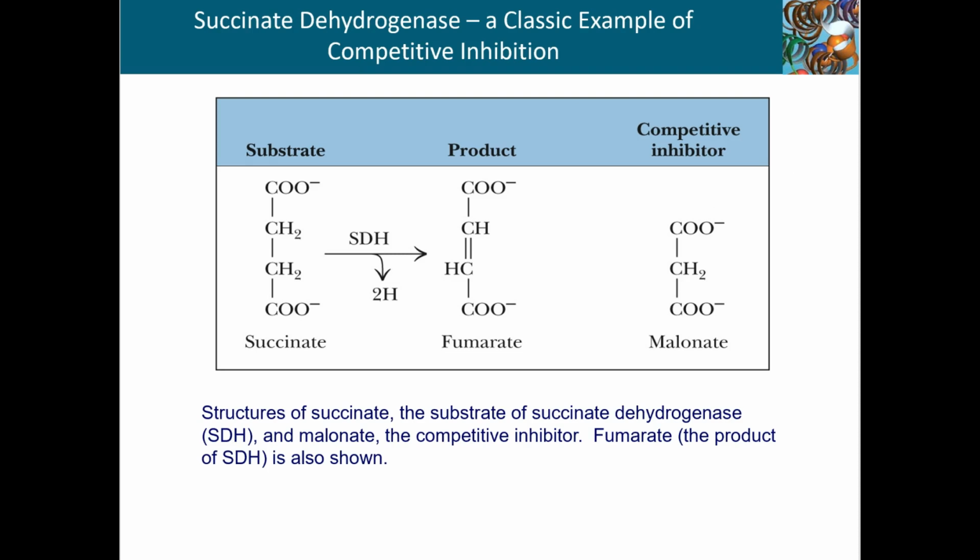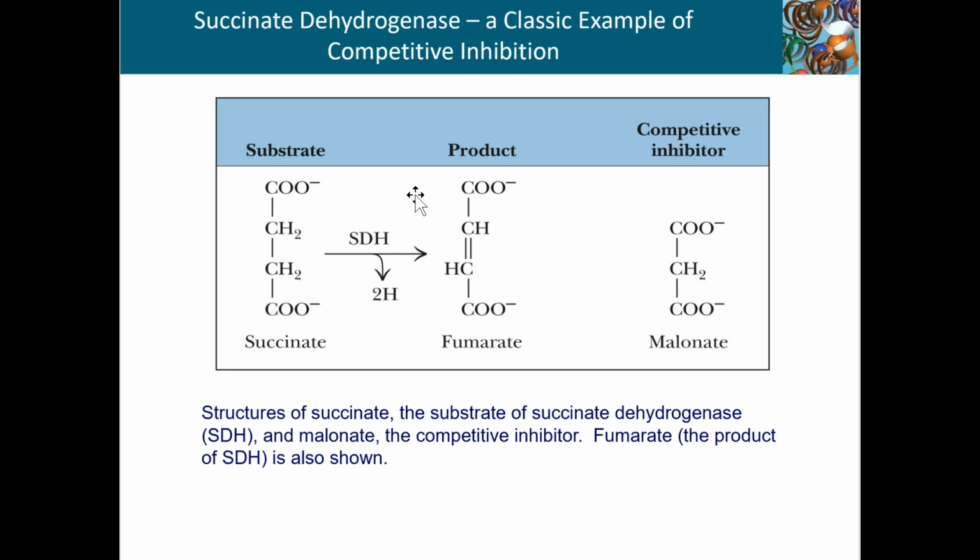This is a really nice example of a classic competitive inhibition, which is feedback inhibition in our metabolism, where succinate is our substrate. It interacts with the enzyme succinate dehydrogenase, SDH, giving us the product fumarate.